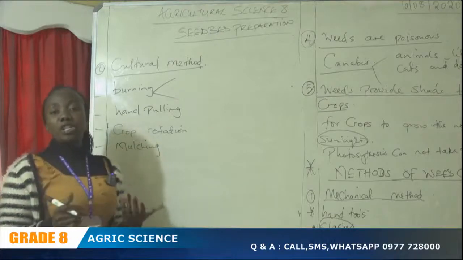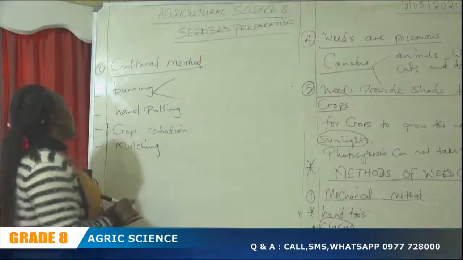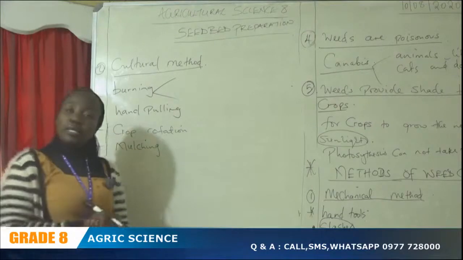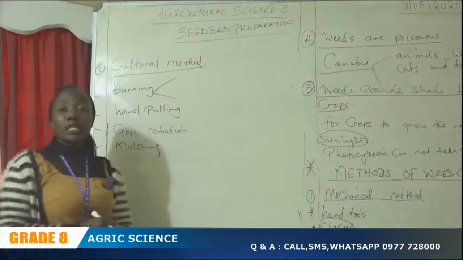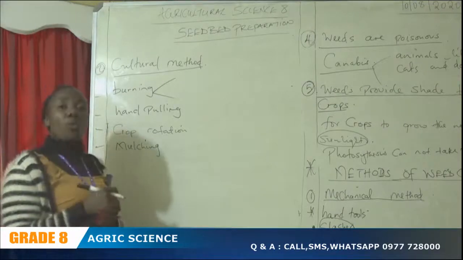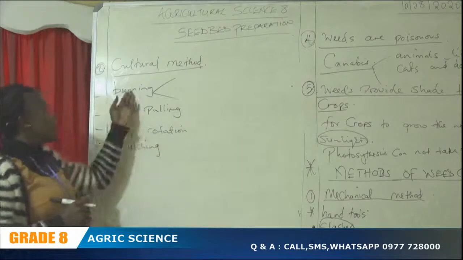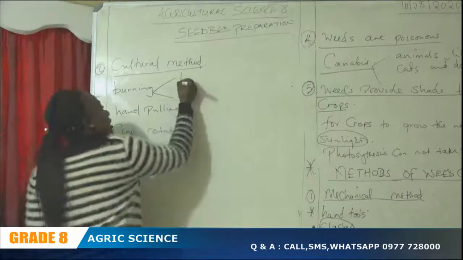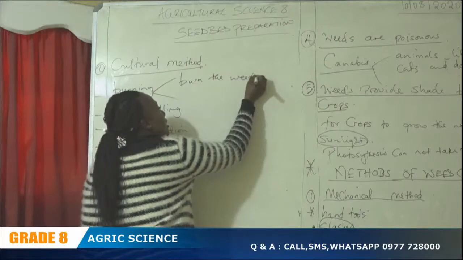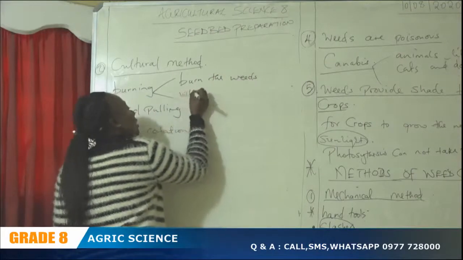It's still a virgin land. We're supposed to cut down trees and remove all the weeds. After all the weeds have been removed, you let the weeds dry. When they dry, you burn them. So under burning, meaning you burn the weeds when they are dry.